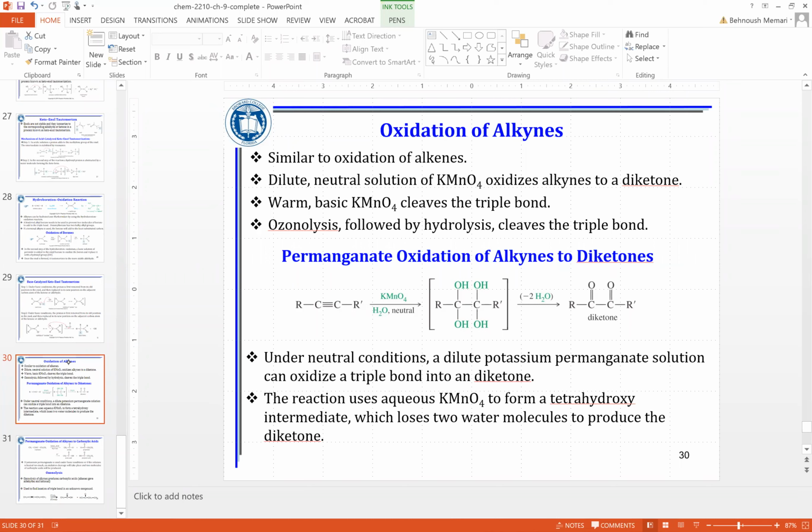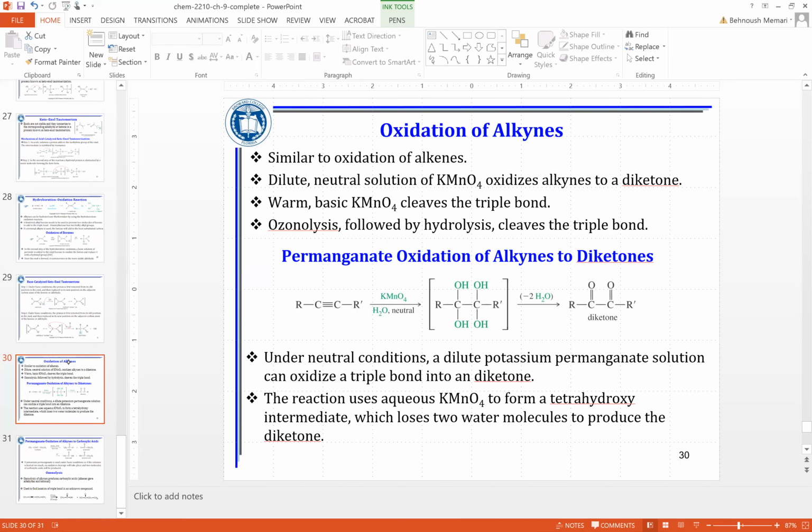The name of the functional group is called enol, and enol is not stable. So it prefers to go to ketone or aldehyde to be more stable. It's going to tautomerize, and it will give you an aldehyde or ketone functional group.